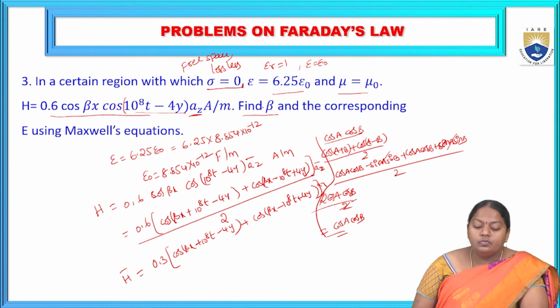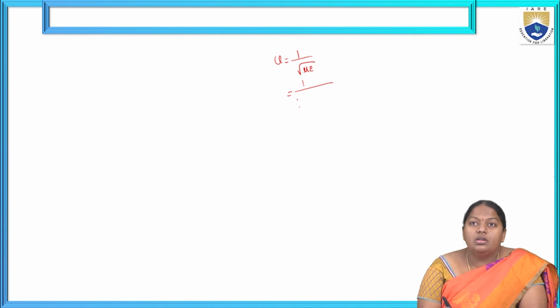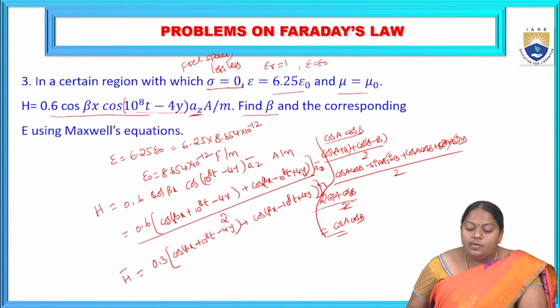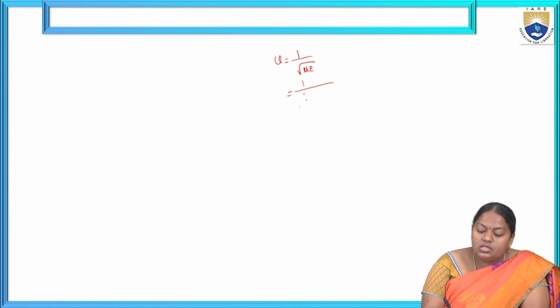From this, find the value of β. As we know, with σ equal to 0, to find this β, first we are going to evaluate the velocity. Velocity equals 1 by root of μ ε, which is equal to 1 by root of μ naught ε naught with ε given as 6.25 ε naught and μ as μ naught only.